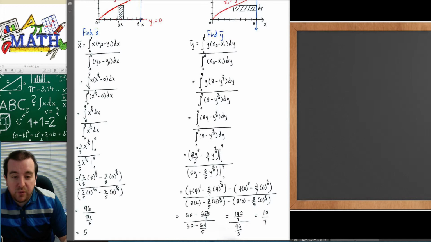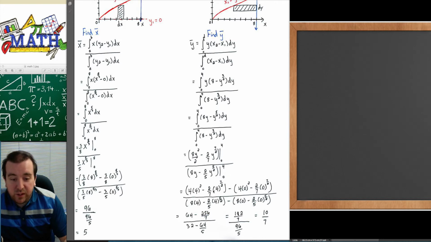So 4 times, well, first of all, 8 divided by 2, I've simplified that to be 4. So that's 4 times 4 squared minus 2/7, 4 to the 7/2. And then we subtract the zeros, but the zeros contribute nothing here. They're always 0 as before, and the same thing with this part on the bottom. So the bottom part becomes 8 times 4 minus 2/5, substitute in the 4, raised to the 5/2.